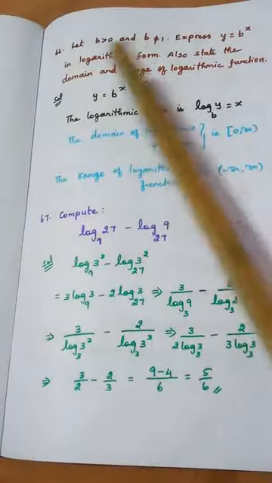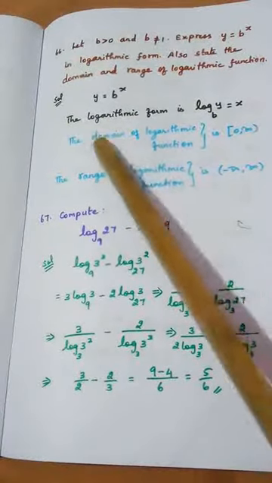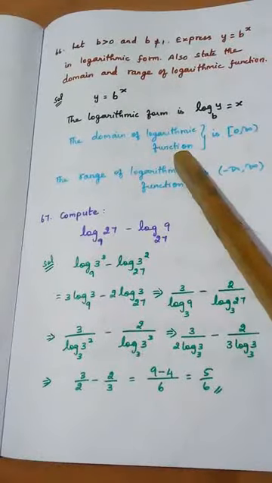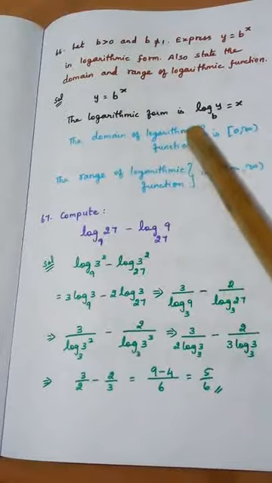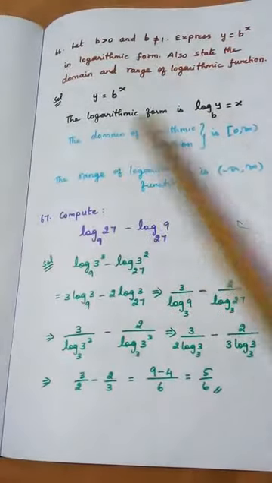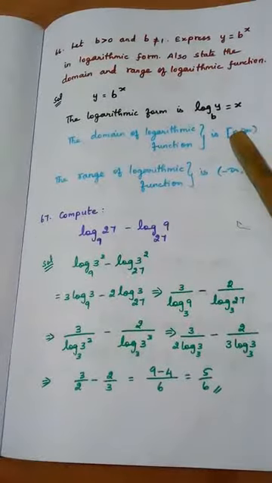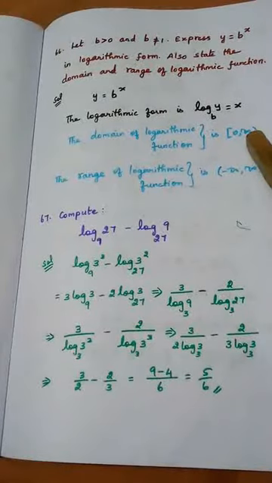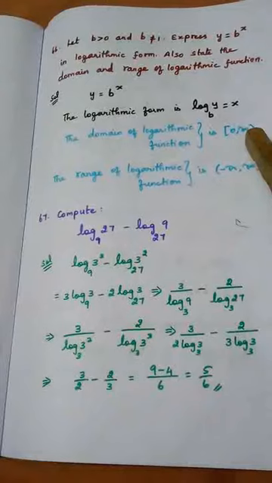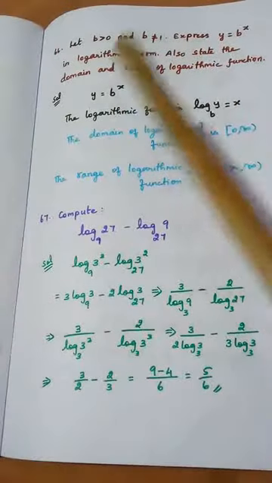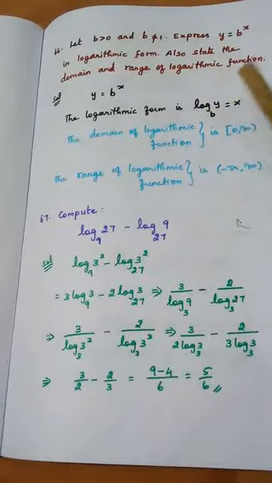Now the second question is find the domain and range. The domain of logarithmic function, this we should know, is always positive, that is 0 to infinity. If I put log of minus 2, there is no meaning in it. So we cannot calculate logarithm for a negative number.